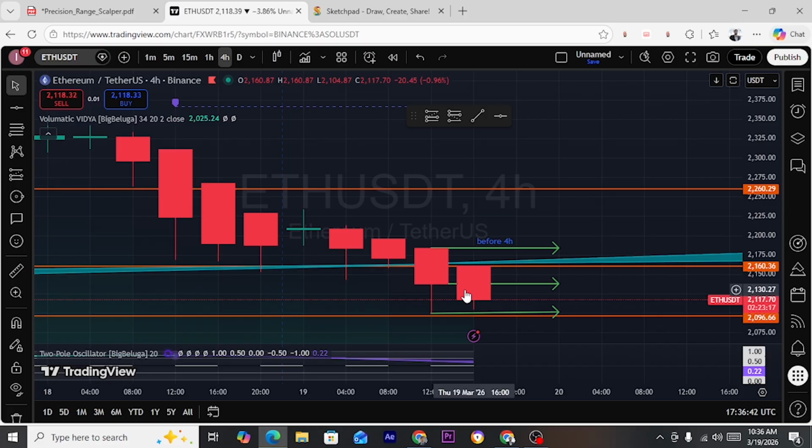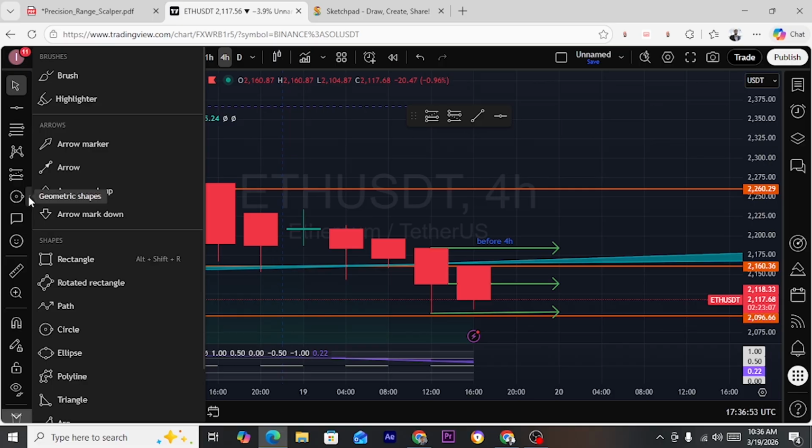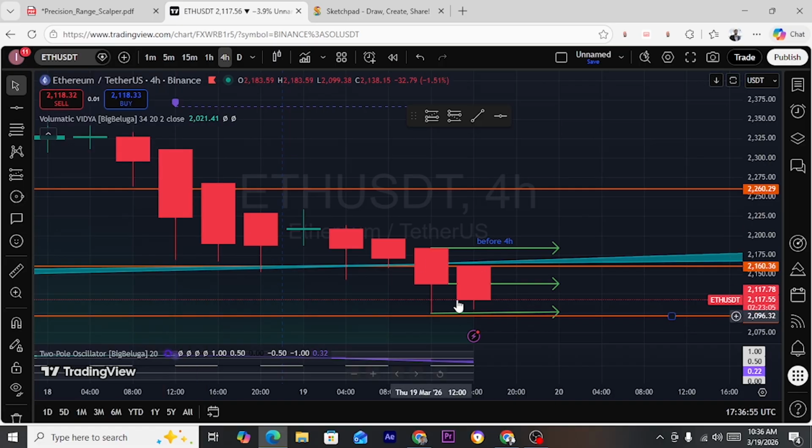So in this step, what should we do? We have to mark the 4-hour candle again, and we can do one thing: ignore this candle, because this candle has not completed the 4 hours, so we can't wait for that.